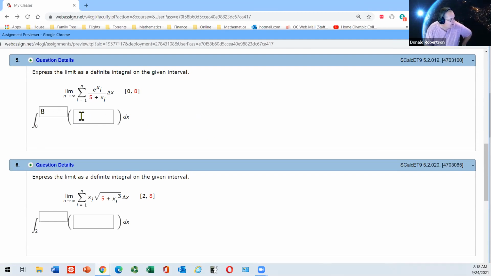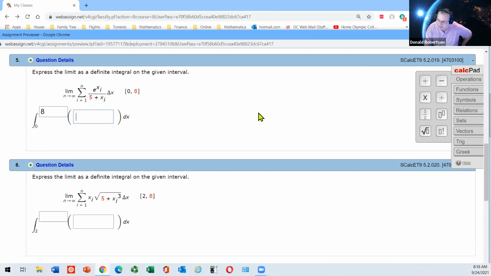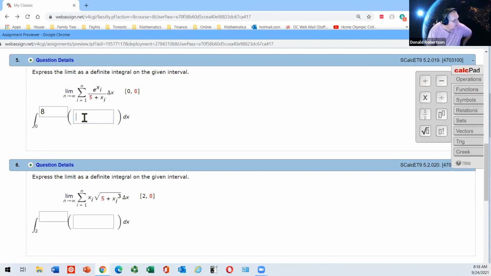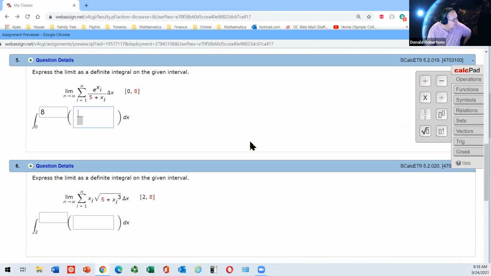Now, in here should be the f of x. If you look at this expression here, can you see that that basically is the f of x? And you type in, let's see if we can get this done, fraction. On the top, I think you need to do e. Let me find out.